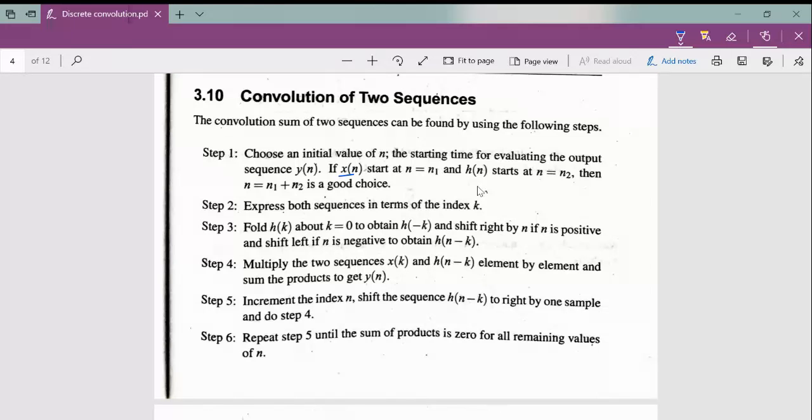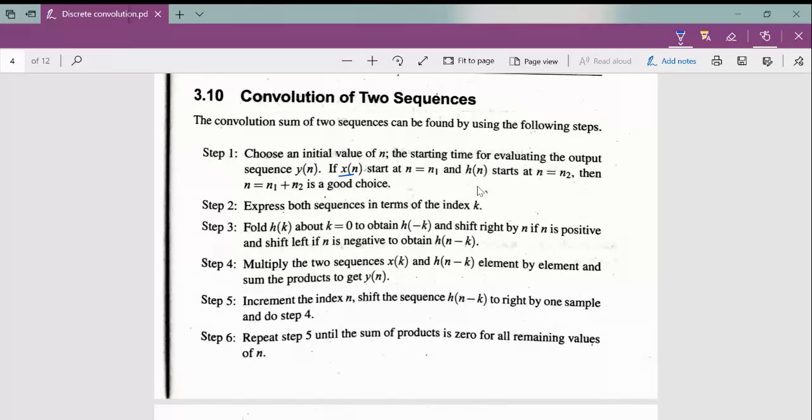Then we increment the values of n. For example, say n1 plus n2 is minus 1. After drawing h of minus k, we draw h of minus 1 minus k. To draw it, we shift h of minus k to the left by one position. If it is minus 2, we shift h of minus k to the left by two positions. Then we draw h of the next point.